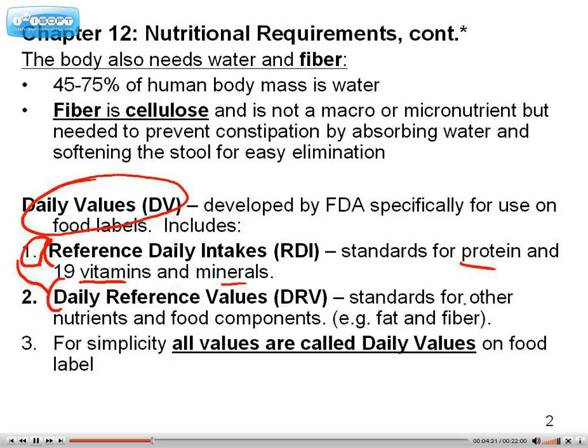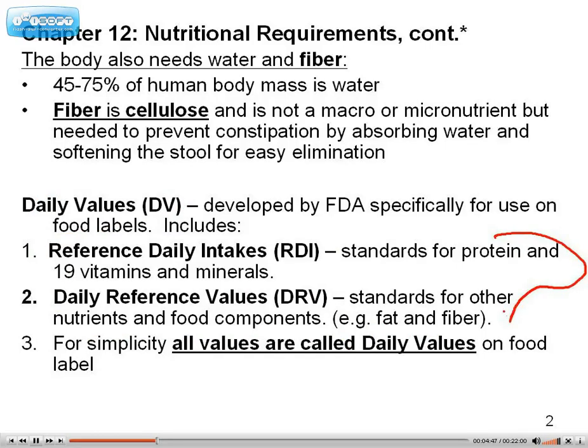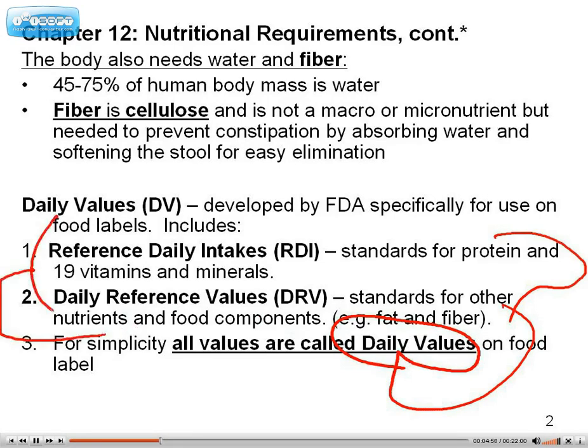Daily reference values are for other types of nutrients and food components, such as fat, as well as fiber. So to make things easy in our world, since we're not obsessed like nutritionists are, usually they're just all clumped together in the term daily value, if you take a look at the back. If you're going to a nutritionist, then they'll actually break it down into specific RDIs and DRVs.